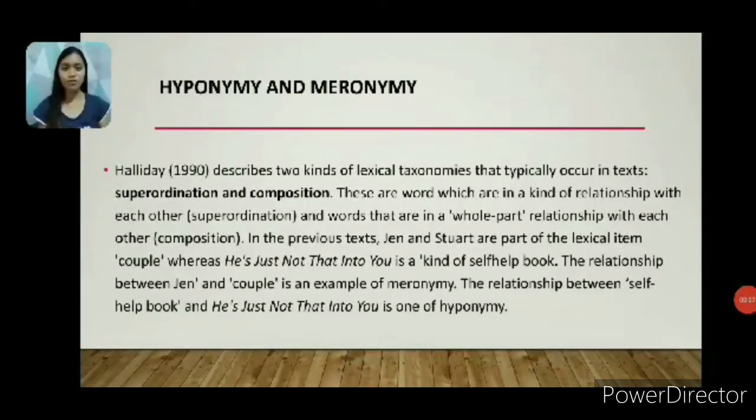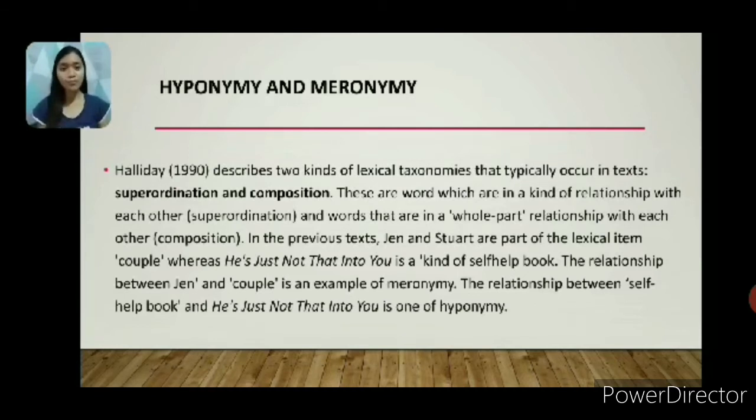Hyponymy and meronymy. Halliday in 1990 describes two kinds of lexical taxonomies that typically occur in text, which are superordination and composition. Superordination covers words which are in a kind-of relationship with each other, and composition covers words that are in a whole-part relationship with each other.